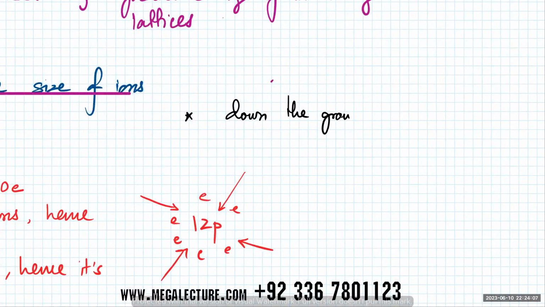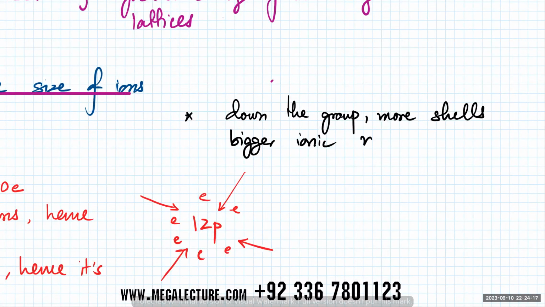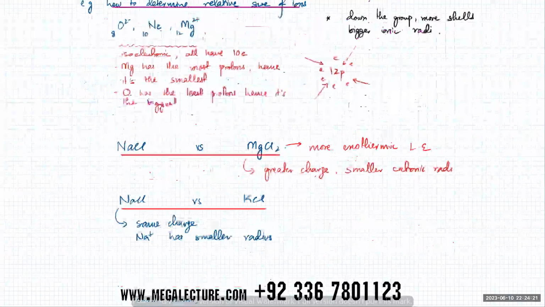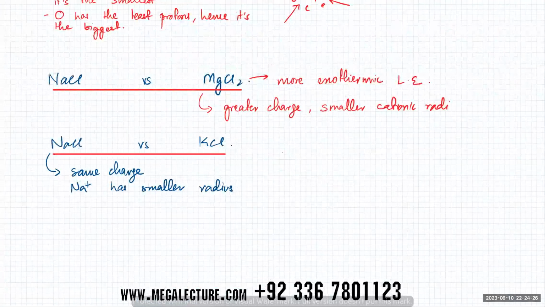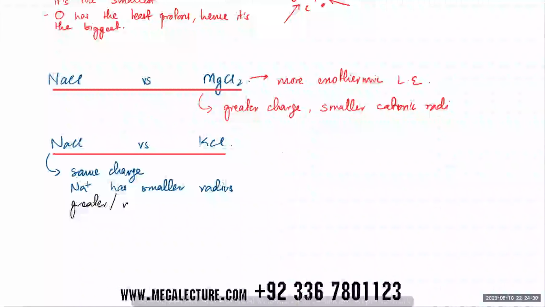So down the group, you get more shells, so you get bigger ionic radii, and so Na has the smaller radius, so greater, or you can say more exothermic lattice energy.